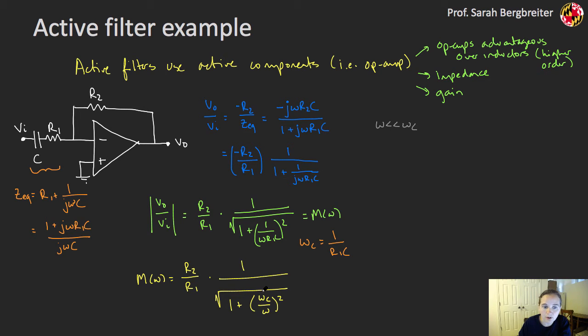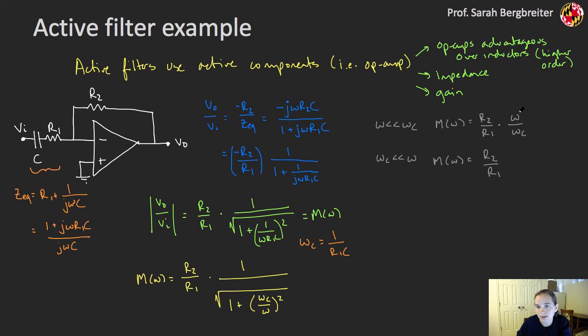So I'll get omega over omega C. In this case, my magnitude ratio will be that gain term, R2 over R1, times omega over omega C. If omega C is much smaller than the frequency I'm operating at, this term is going to be very tiny, so I'm just going to get that gain, R2 over R1. This thing will be 1 here.